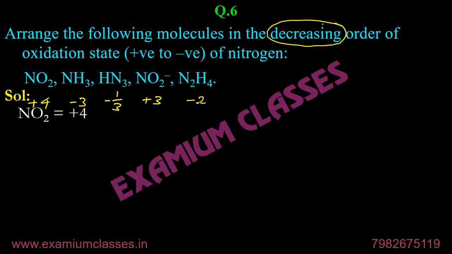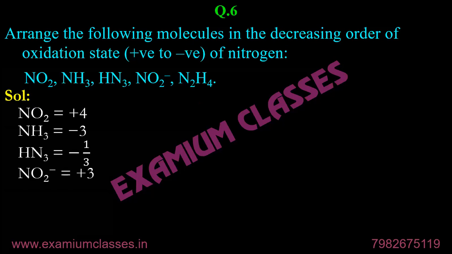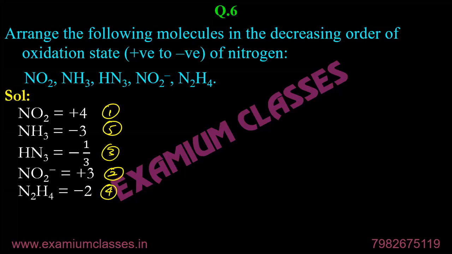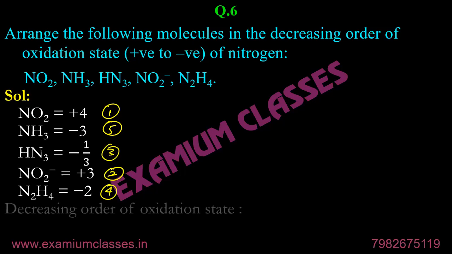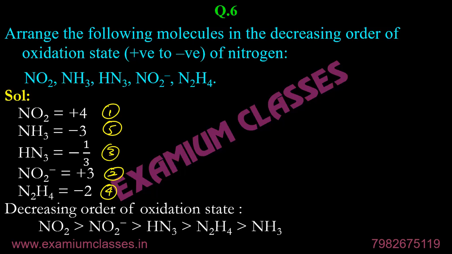Then arrange them. Highest to lowest means first, second, third, fourth, fifth. Most positive to most negative.